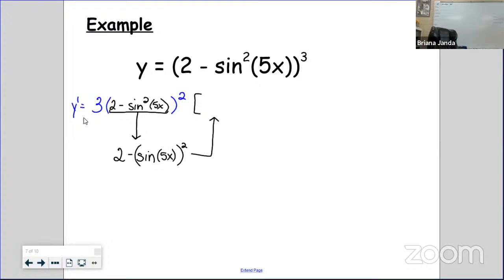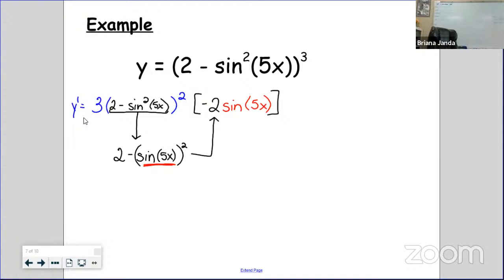You see it? So again, power rule, 2 times negative 1 is negative 2. Subtract 1 from the exponent, it would be raised to the first. Keep the inside, which is this, the same. Sine of 5x. Then we go derivative of the inside of that.